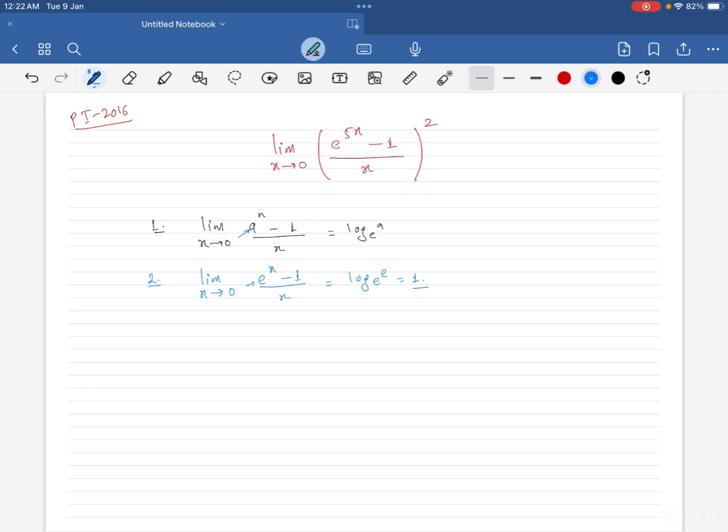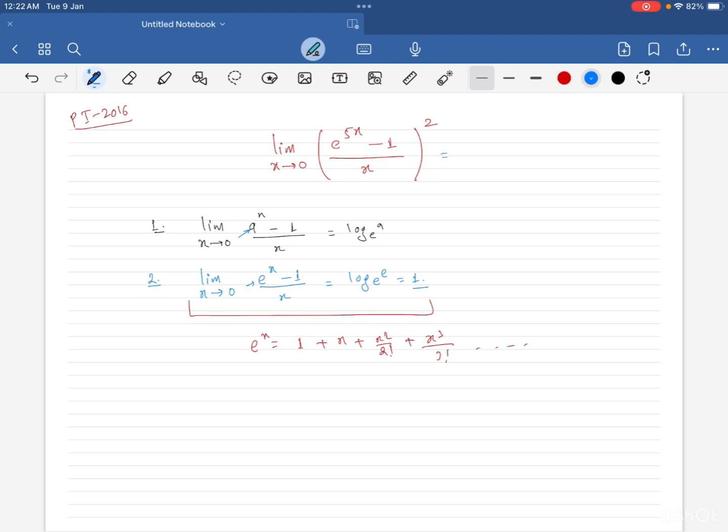Right? And how can we achieve this? You can use the expansion of e to the power x, that is 1 plus x plus x squared divided by 2 factorial plus x cubed divided by 3 factorial, and so on. Now let's solve this question.